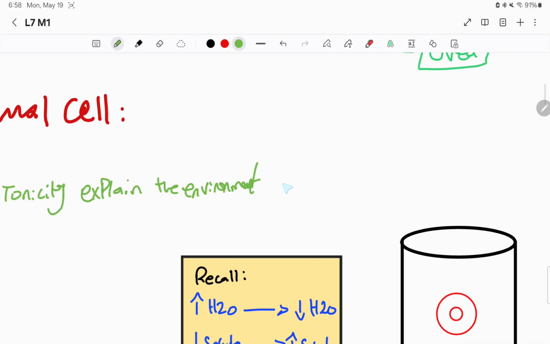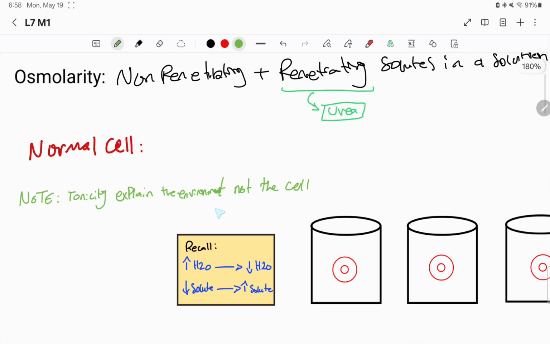So it's explaining the environment, not the cell. And you guys know that the environment in this scenario is referring to the fluid surrounding the cell, which is the interstitial fluid. So tonicity explains the environment, not the cell.